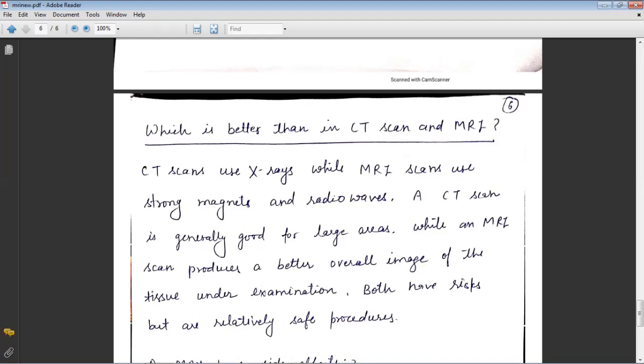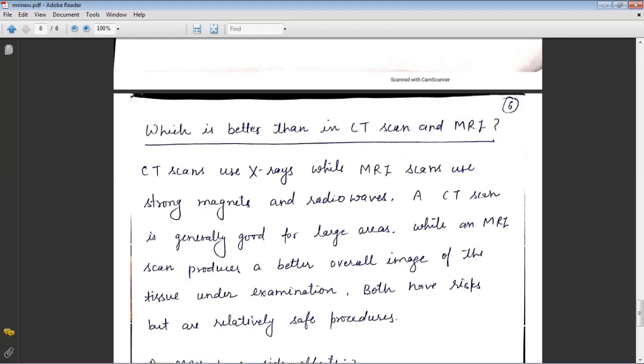A CT scan is generally good for large areas, while MRIs can produce better overall images of the tissue under examination. कहीं छोटे से पार्ट का भी अगर हमें कुछ पता करना है तो we use the MRI. So both have risk but are relatively safe procedures. And MRI is used industrially, mainly for the routine analysis of chemicals also.